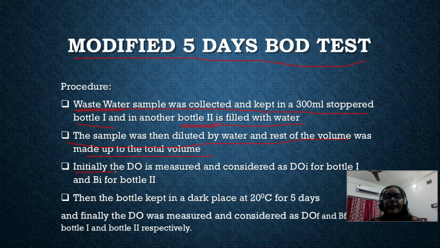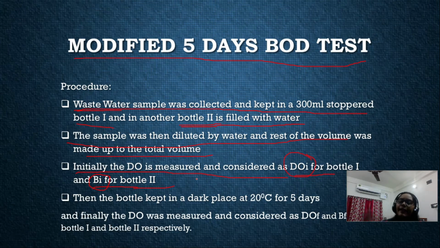Okay, next step, the third step, is the initial measurement of the dissolved oxygen, which for bottle 1 we have indicated by DOI. So DOI is the initial amount of dissolved oxygen for bottle 1, and BI is the initial amount of dissolved oxygen for bottle 2. Understand? These are the two values that we have got from the initial measurement of the dissolved oxygen.